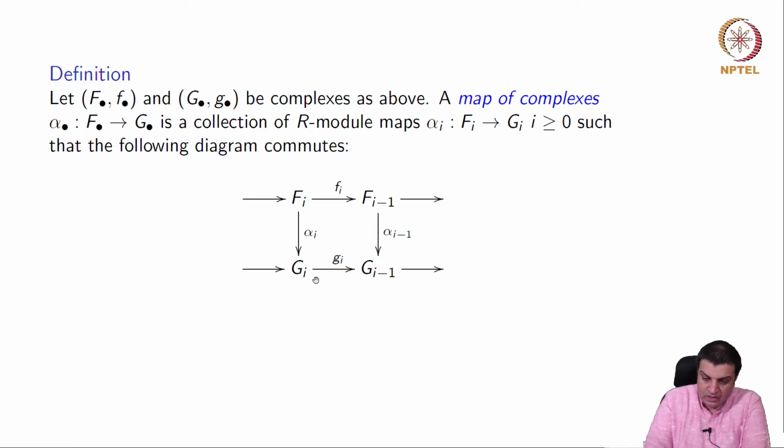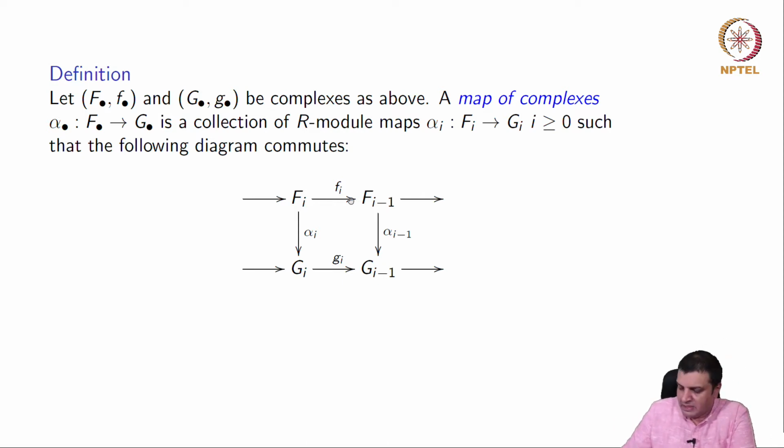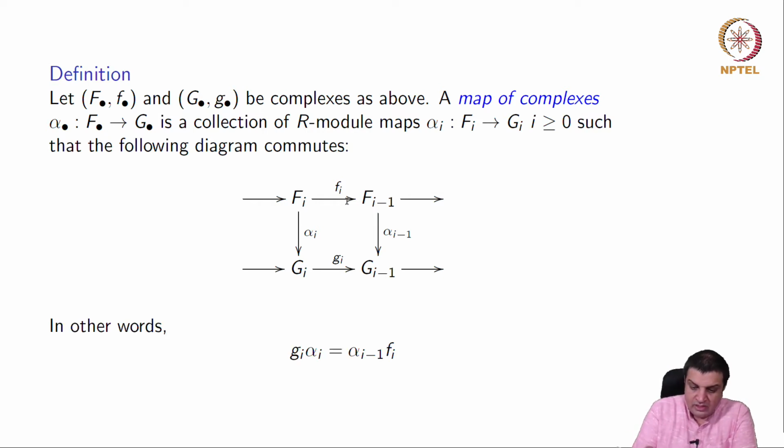So along the sides of this rectangle, one gets two different paths and those two functions agree. In other words, g_i alpha_i, which is the path down first and then to the right, is the same as right first and then down, alpha_(i minus 1) f_i. So these two composites are the same. That's what diagram commutes means in this context of a map of complexes.